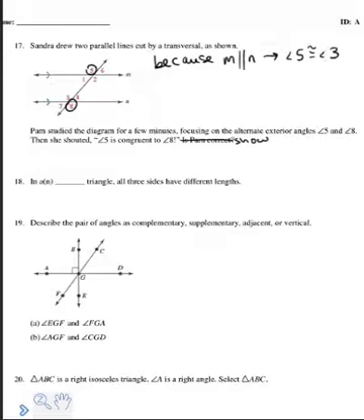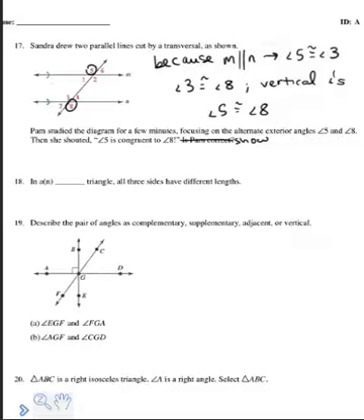And then we could say angle 3 is congruent to angle 8, and that's because they're vertical angles. So if 5 is congruent to 3 and 3 is congruent to 8, then angle 5 is congruent to angle 8.